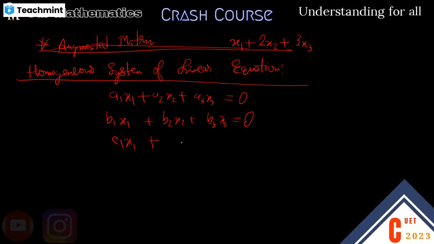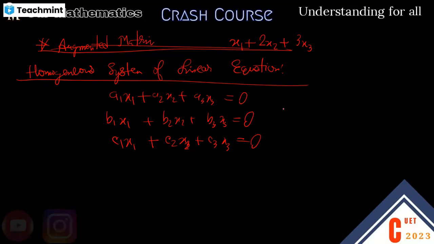If D1, D2, D3 all become 0, then we say the system is a homogeneous system. There is no other constant except 0, only the variables with their coefficients, and the right side is all 0. Then this type of system is called a homogeneous system of linear equation.